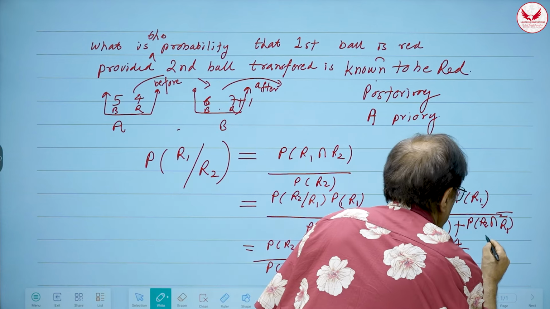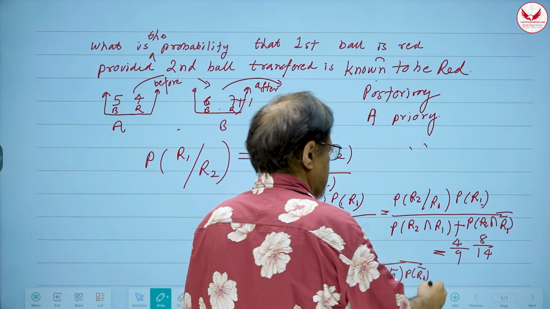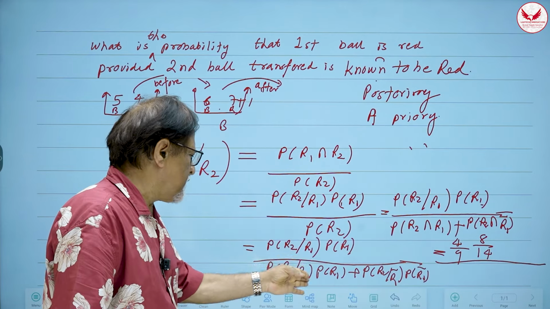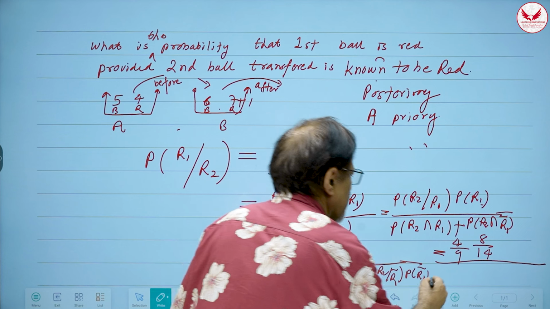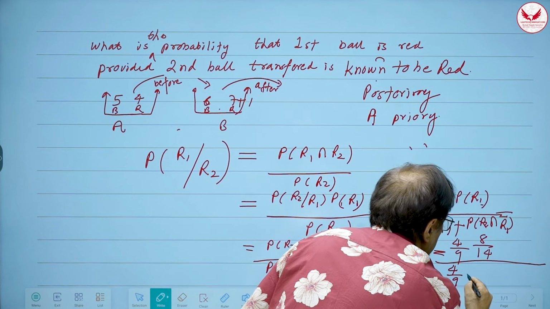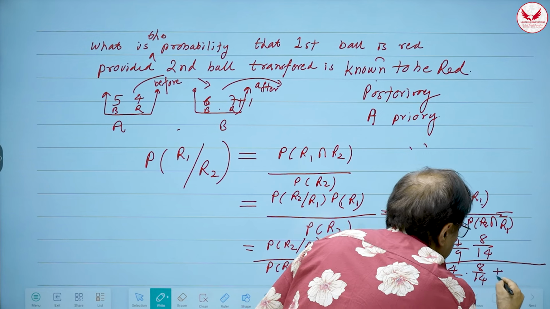So 8 red balls out of 14. Now you can clearly see this expression is absolutely the same, so I don't have to change that. So 4 upon 9 multiplied by 8 upon 14, plus.